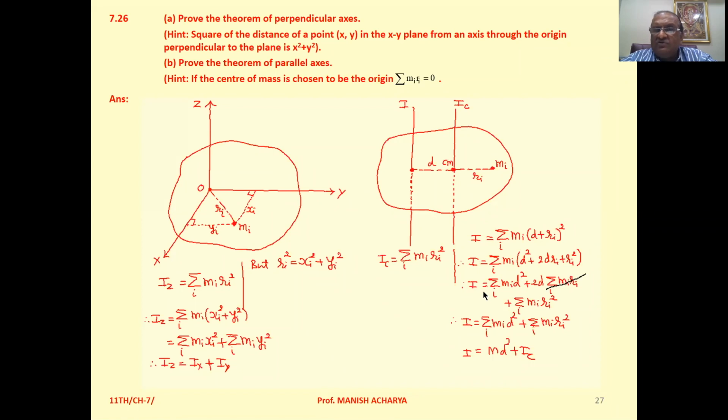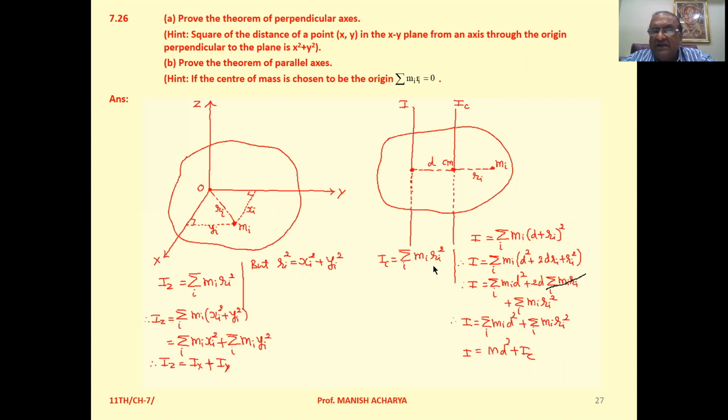Simplify this one. So I is sigma i mi d square plus 2d sigma i mi ri plus sigma i mi ri square. But see the hint: it is given to you that sigma mi ri equal to 0. So this term is cancelled. Resultantly we get sigma i mi d square plus sigma i mi ri square.